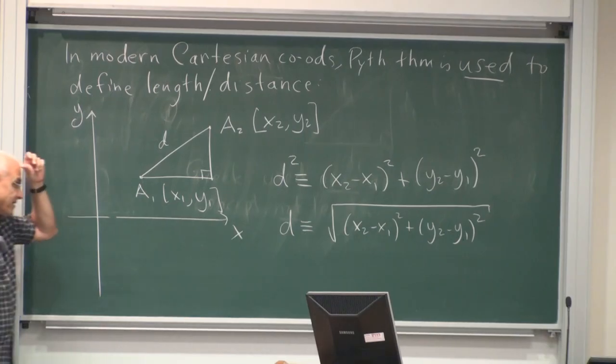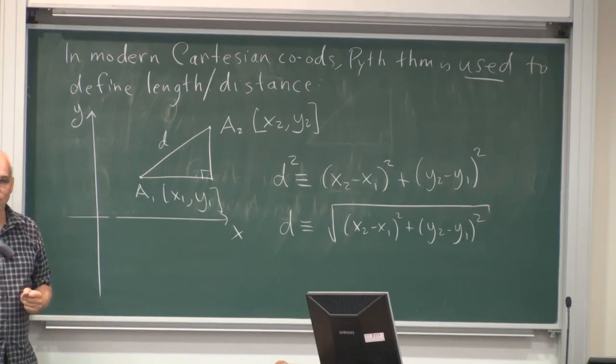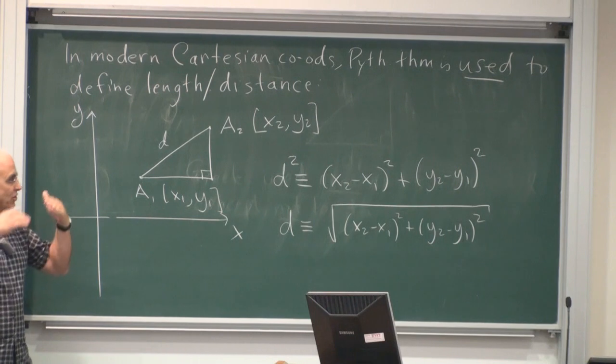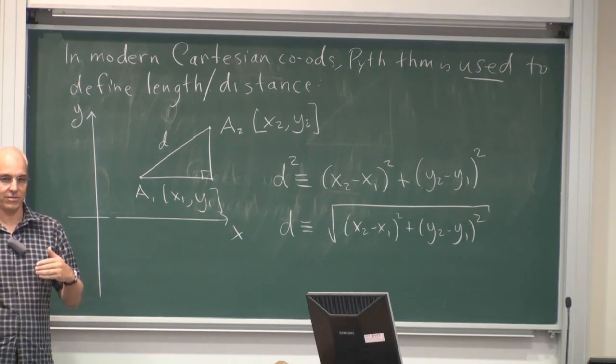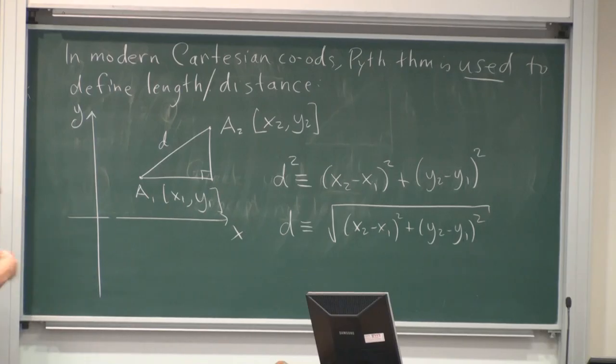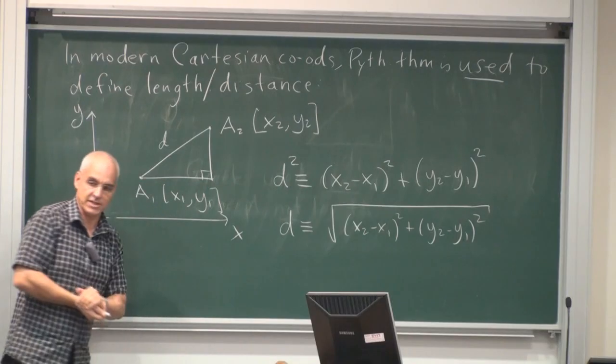There's this idea that this definition somehow reduces Pythagoras' theorem from a theorem to a definition. Right? In other words, there's an idea that somehow we've built Pythagoras' theorem in automatically so that it's no longer a theorem. We've just sort of created length in such a way that Pythagoras' theorem is true.